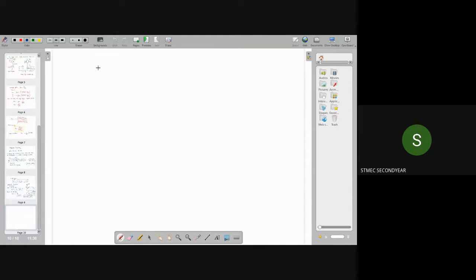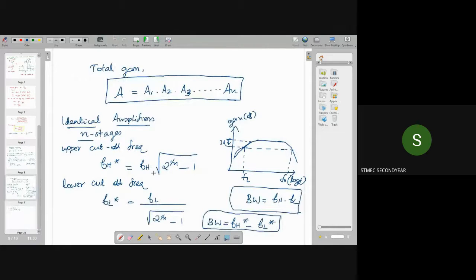In cascading or multi-stage amplifiers, can we say whether the upper cutoff frequency increases or decreases, looking at this parameter?